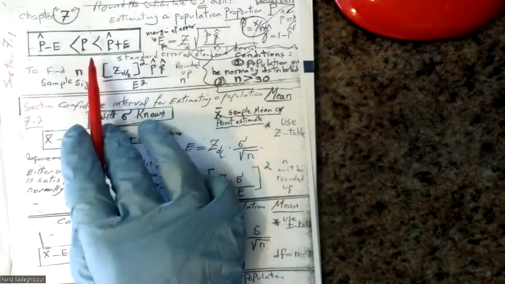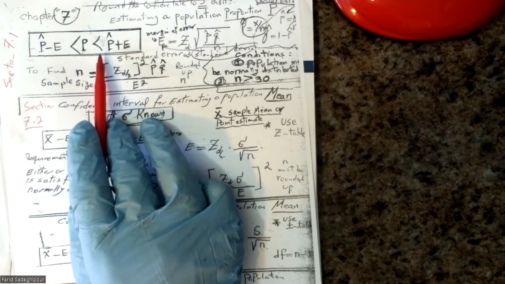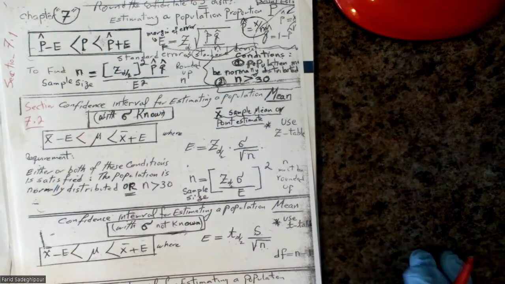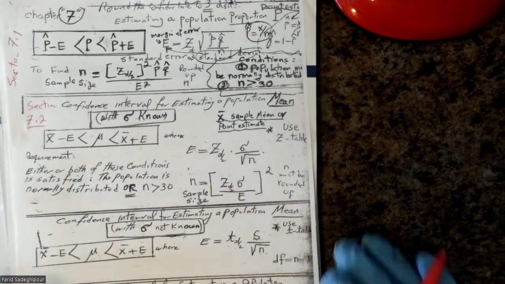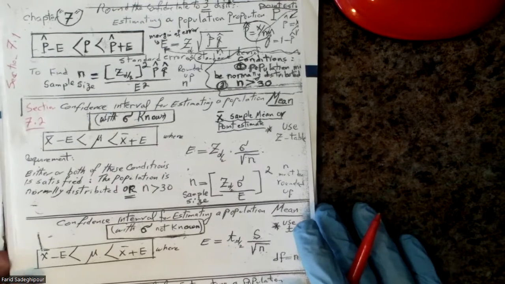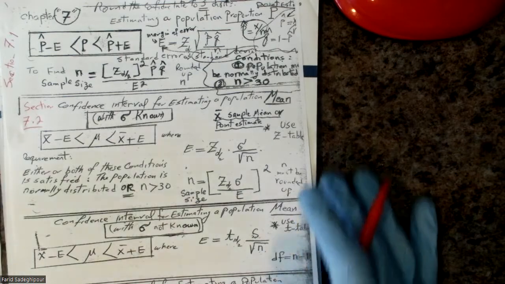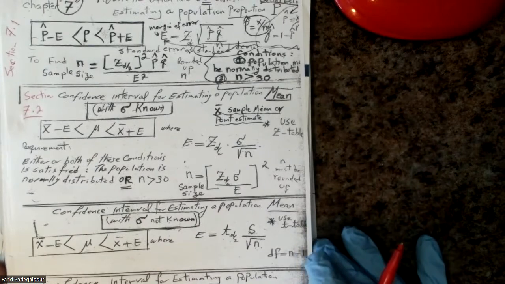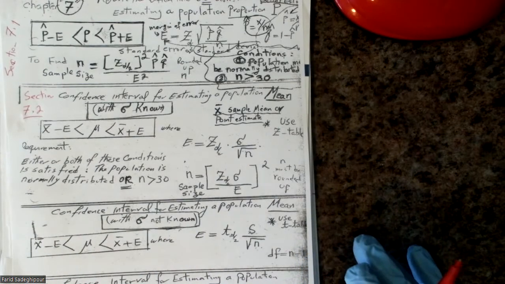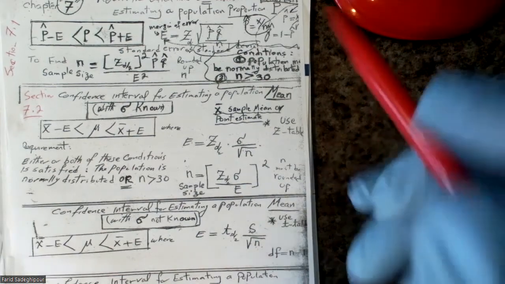The first one is the proportion of populations. Basically what we do in this section is, let's say you want to calculate the proportion of male to female in one particular city. Rather than going through the entire population, we take a sample, which is the n.